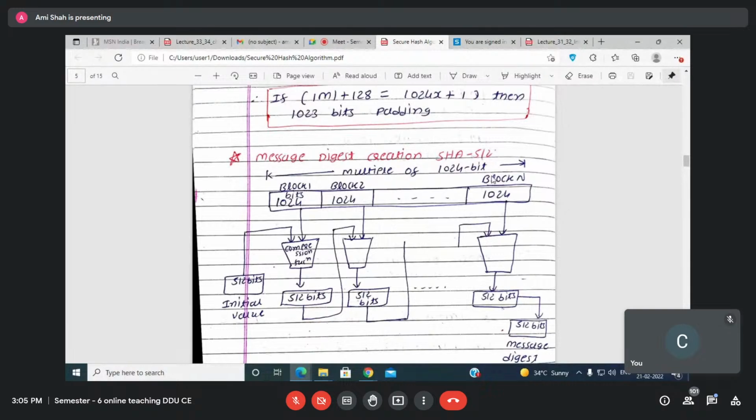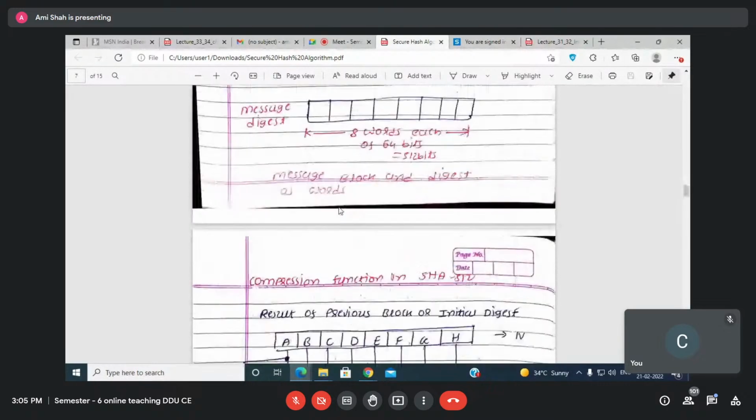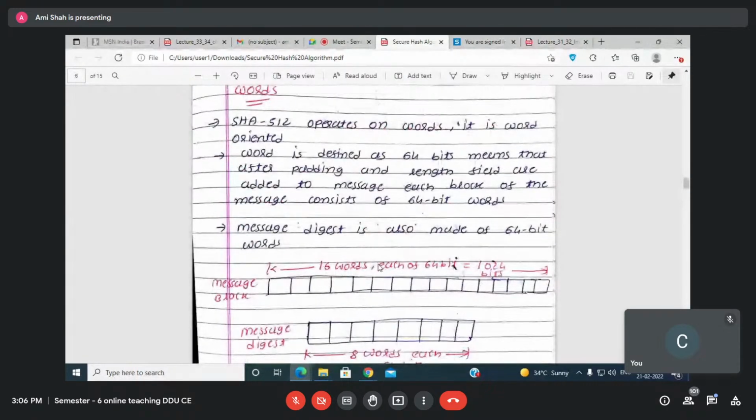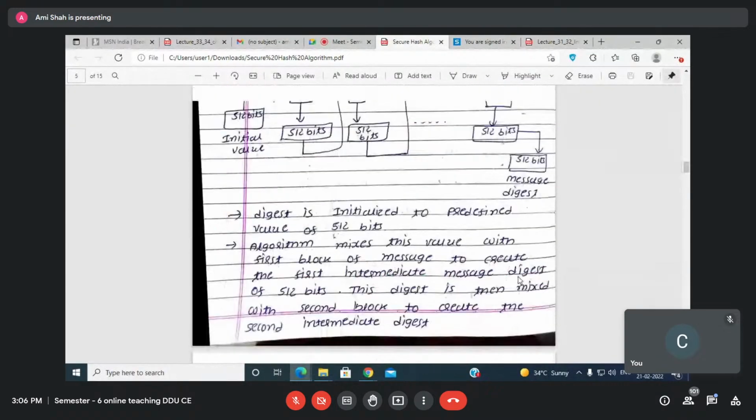See, later you can understand how it works. Basically, it's a word, yes or no? Yes, ma'am. 1024 bits means how many words are there in total? What I have explained: a total of 16 words. Yes or no?